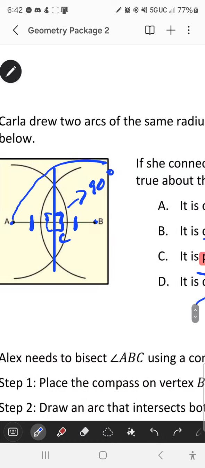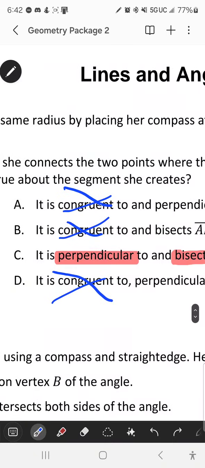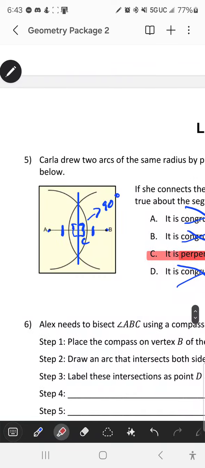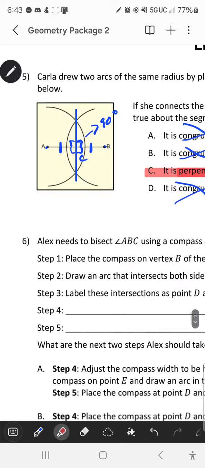So from the beginning, I can just take away the congruent option and use perpendicular to and bisects, because as I said before, that's a perpendicular bisector. The name basically says what it is or what it does.